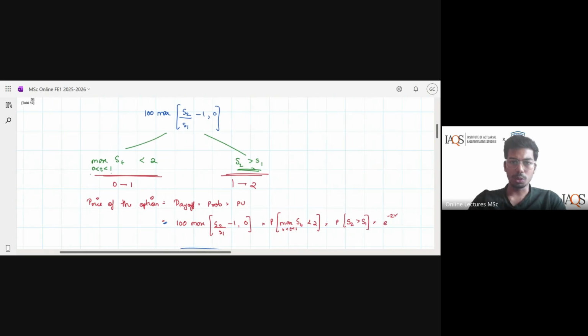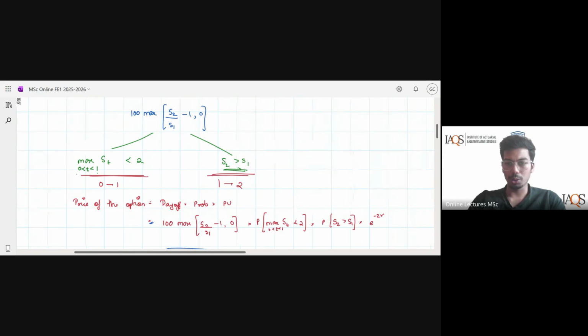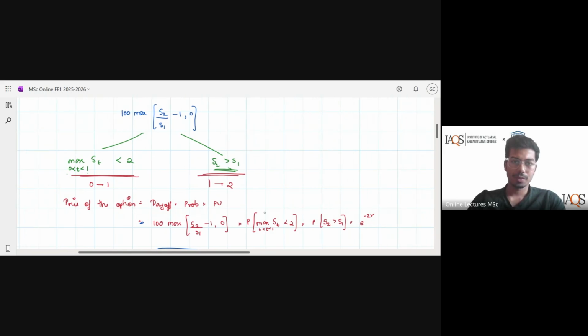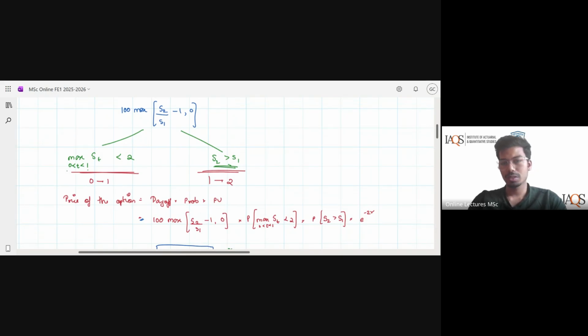Then we wrote the equation of the price of derivative through what we knew as the first principles.